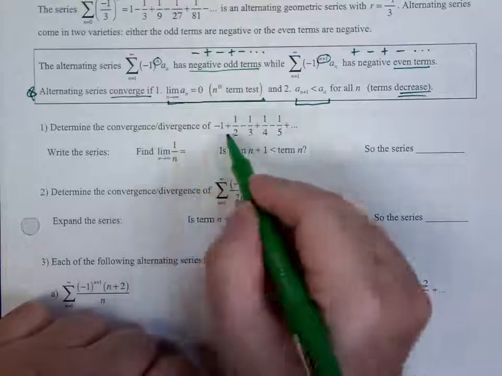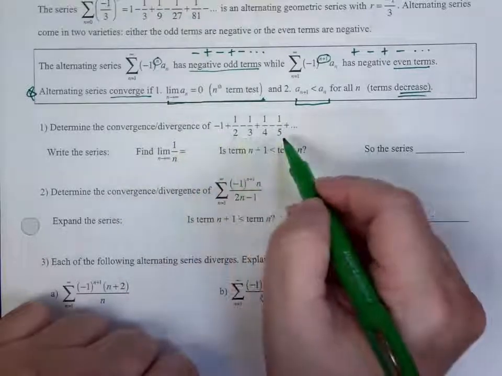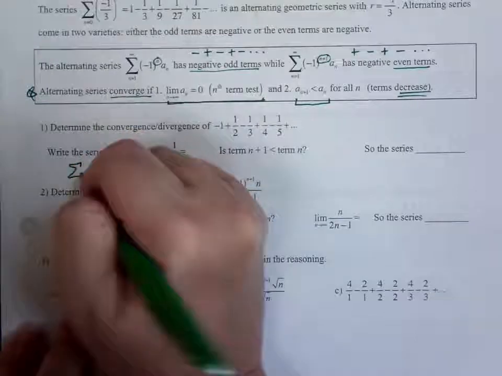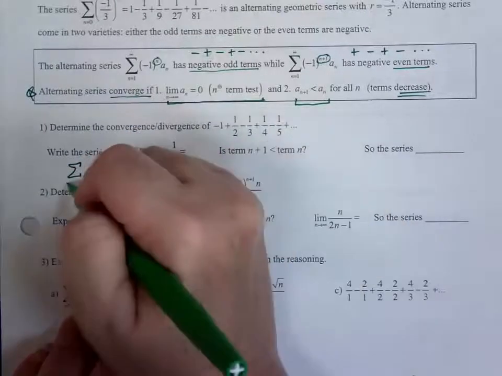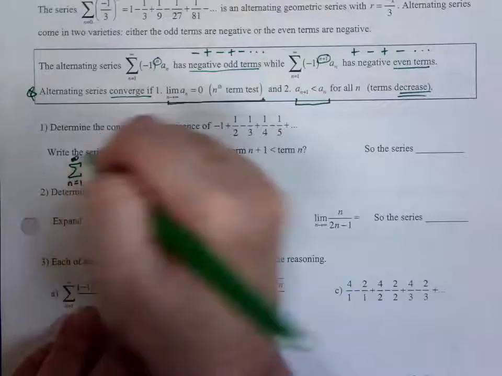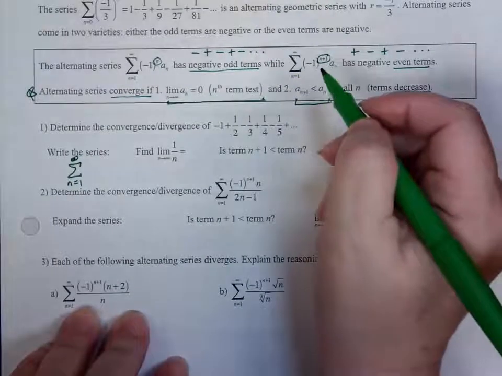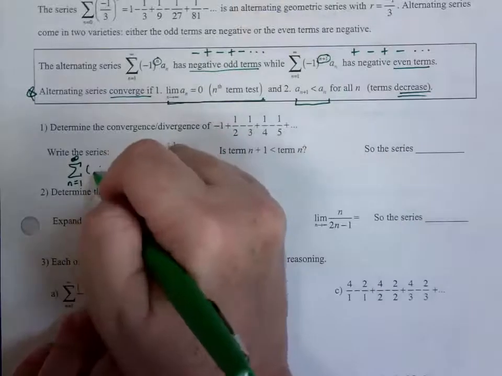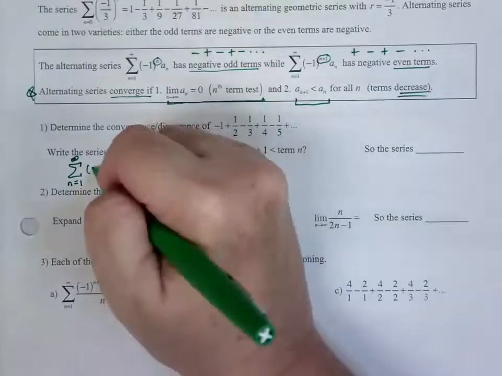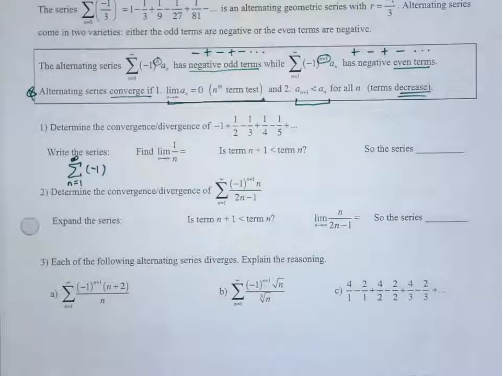Determine the convergence or divergence of this series right here. So we're going to write the series. So I want you to do your little sigma thing. We're going to start at 1 and go to infinity. All right, so first thing we want to do is put in the sign changer, the -1 to the power, okay?